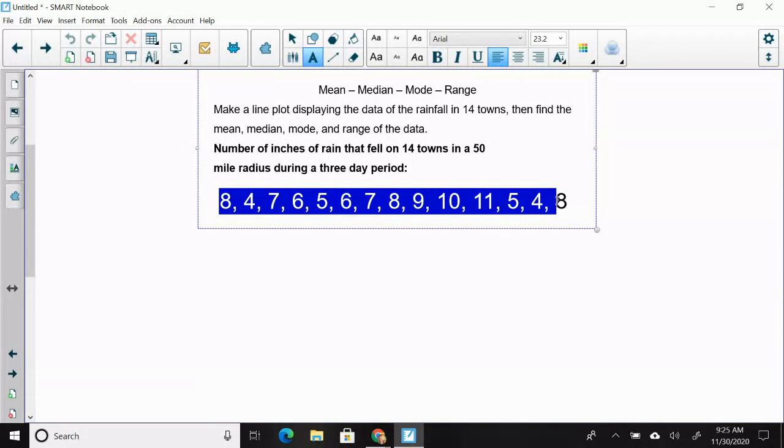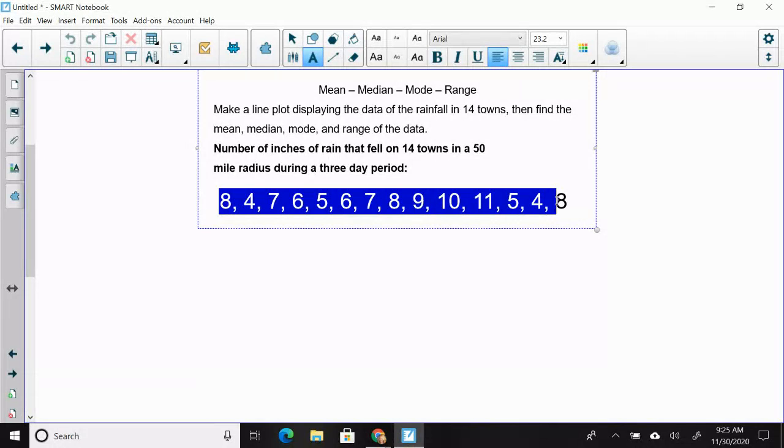Okay, and so what we're going to do, and what you're going to do on your paper, and we'll do this together, is rearrange the numbers so that they are in order from least to greatest.